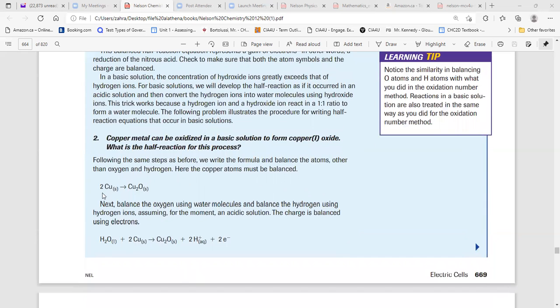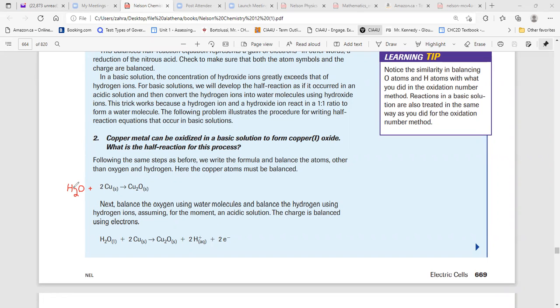Here is another example. Cu to Cu2+. First you just put a 2 here to balance everything except oxygen, right? So you put 2 here. Now for oxygen, we have 1 oxygen. I need to have 1 oxygen here, so I need to put H2O. Now the oxygen is balanced. Now I need to balance the hydrogen.